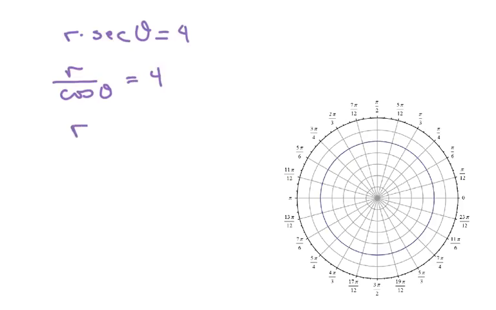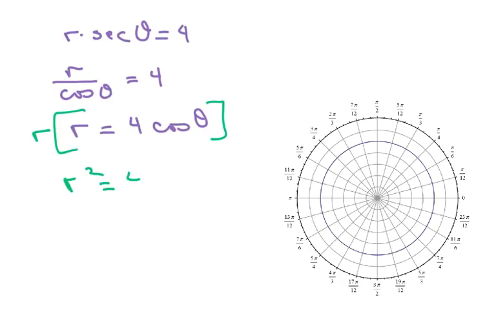When you cross multiply, you get r equals 4 cosine of theta. Then you proceed on and multiply through by r. So you get r squared equals 4r cosine of theta, which is x squared plus y squared equals 4x.